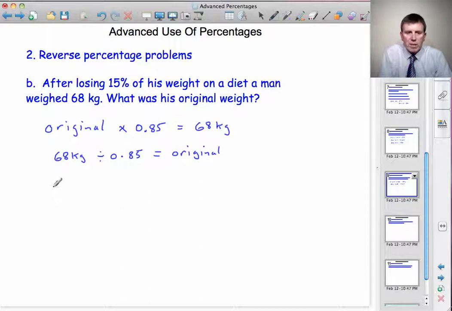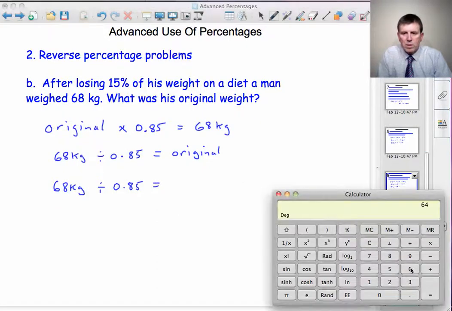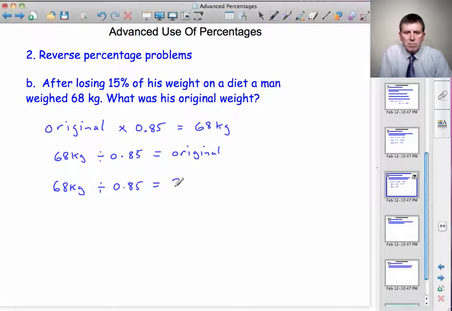So let's do that. 68 kilograms divided by 0.85 is equal to 80 kilograms.